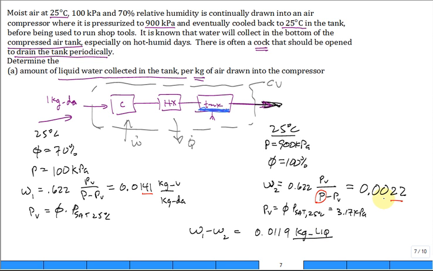That's where it's going. It's going to go to liquid per kilogram of dry air that goes through the compressor and tank. That difference is the mass of liquid that's put into the tank per mass flow rate of dry air flowing through the tank.